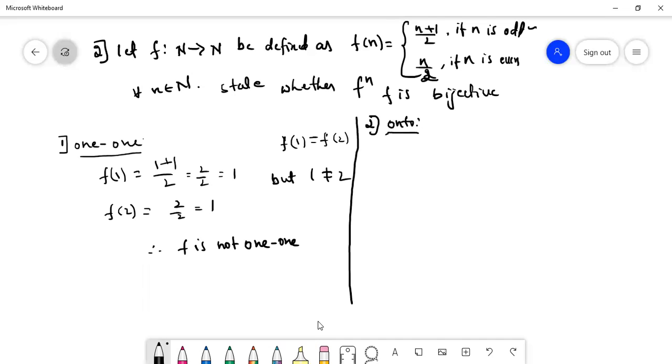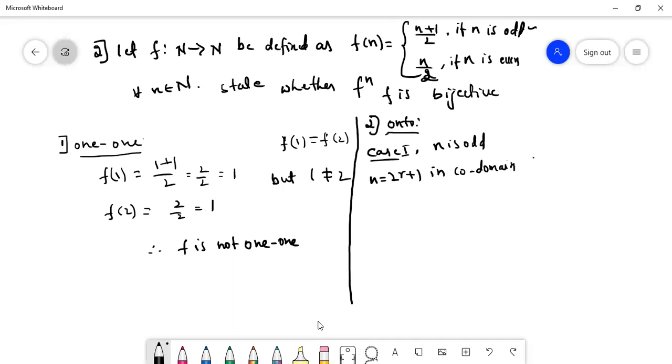While checking the onto, we will get two cases here. Case 1: n is odd. Odd means an odd number in the form of 2r plus 1. In the codomain, I will take one of the elements n, that is the odd 2r plus 1 in the codomain.